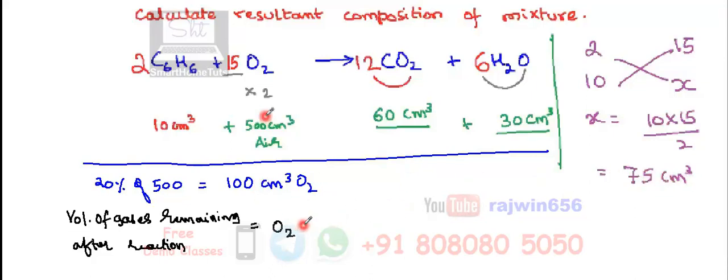So that is going to be 25 cm³. Plus, here we have seen how much of CO2 is formed. That is 60 cm³ CO2. Plus the volume of steam, that is H2O formed. That is 30 cm³.